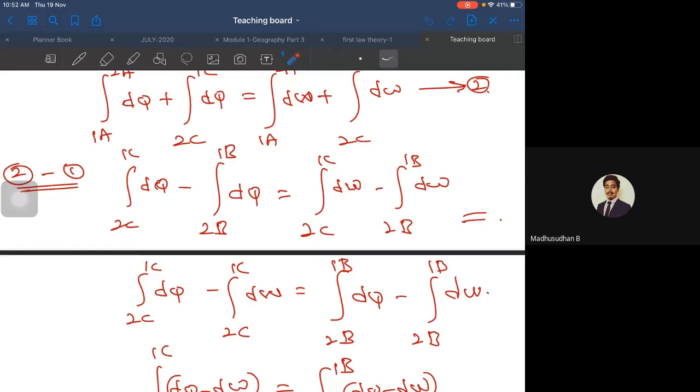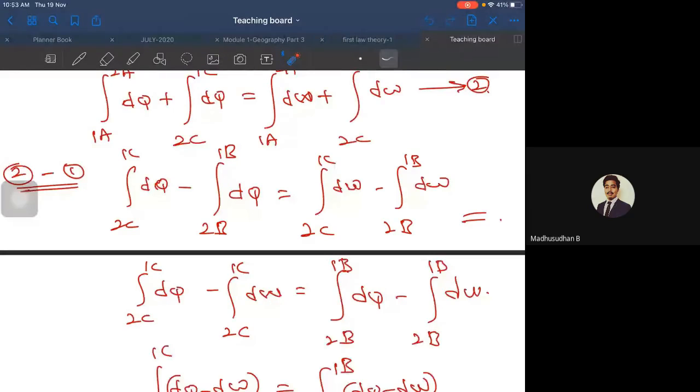So taking dQ and dW, the integrations of 1C to 2C have to be on one side, and on the other side, the 1B, 2B terms have to be taken out. So I'll be transferring this to either side and this to either side. So it will be as such now: integration from 1C to 2C, integration from 1C to 2C on the same side, dQ minus dW.